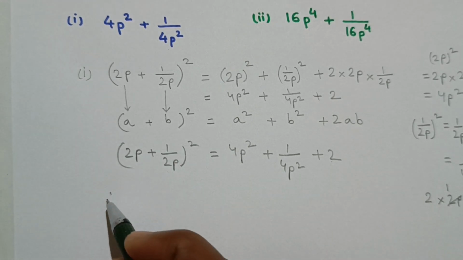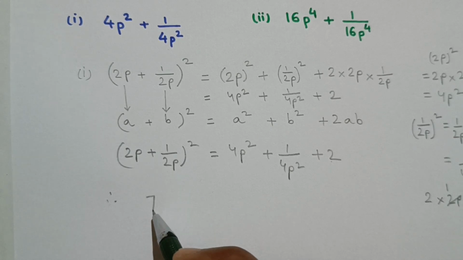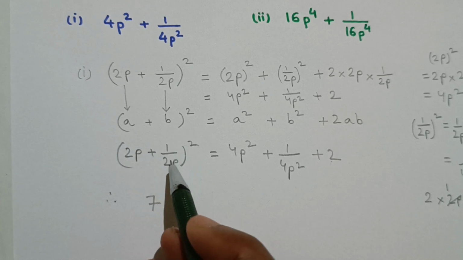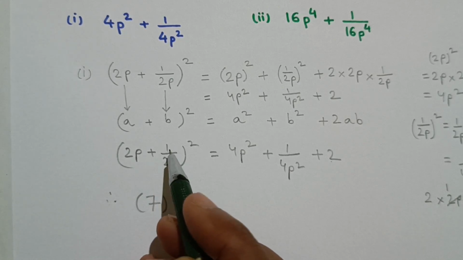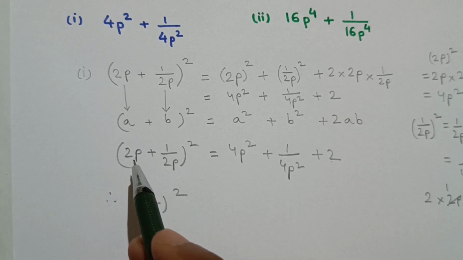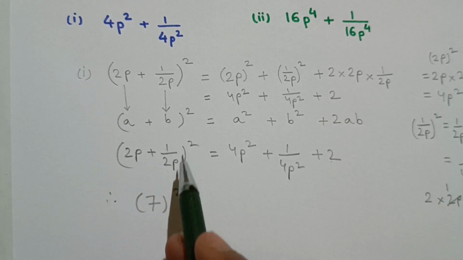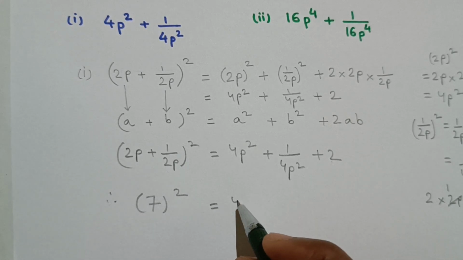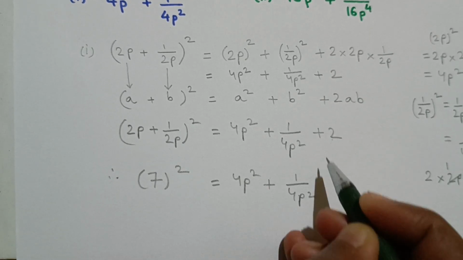So 2p plus 1 upon 2p whole square becomes 7 whole square, that is equal to 4p square plus 1 upon 4p square plus 2.